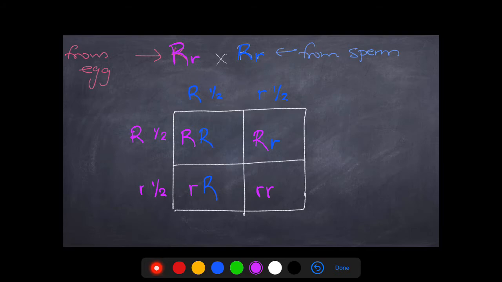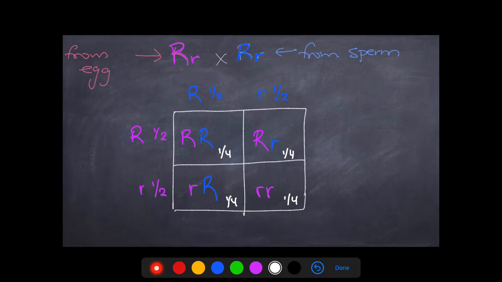And so when I cross it, it's going to look like that. And so I can say that this is 1/4, this is 1/4, this is 1/4, and this is 1/4. So you can see the variation in all of them. Now you can see that the probability that we're going to get capital R is 1/4.